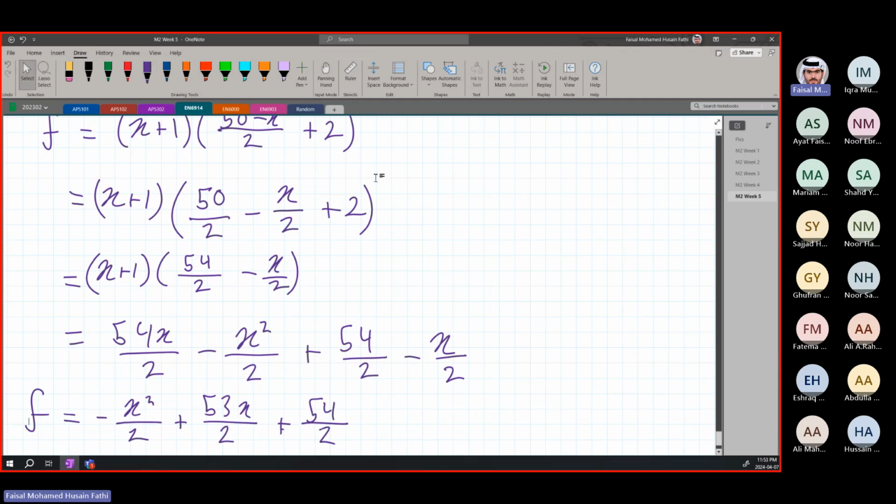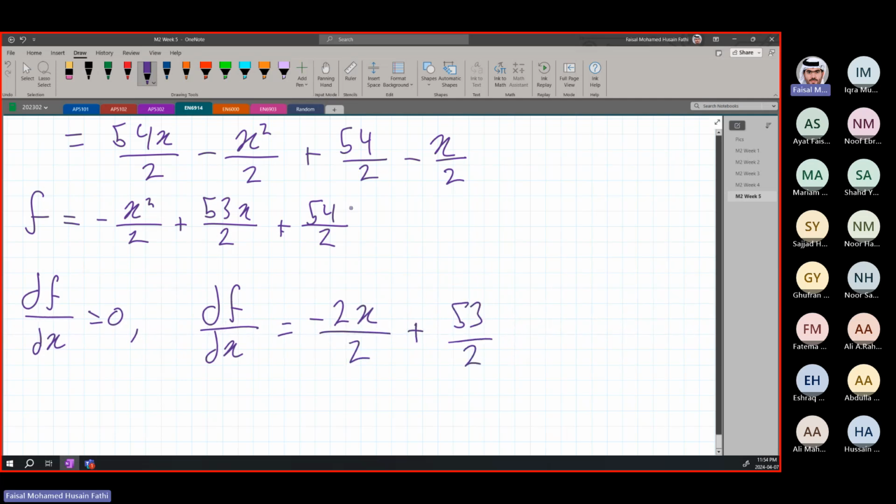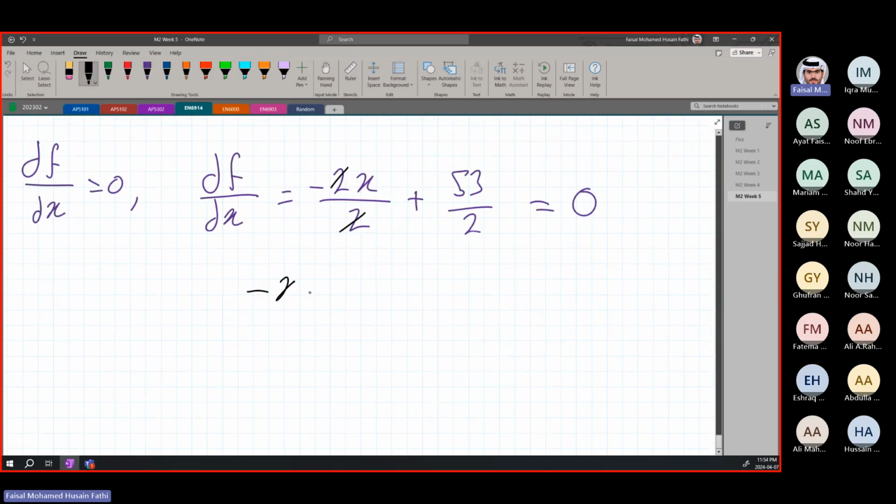This is our f. What do we want? We want df by dx, which is equal to 0. So df by dx is going to be equal to minus x squared over 2 becomes minus 2x over 2, plus 53 over 2, plus 0. The 54 over 2 goes away, and this should all equal 0. As you notice here, the 2's will cancel, so we only have minus x. So minus x is equal to minus 53 over 2.